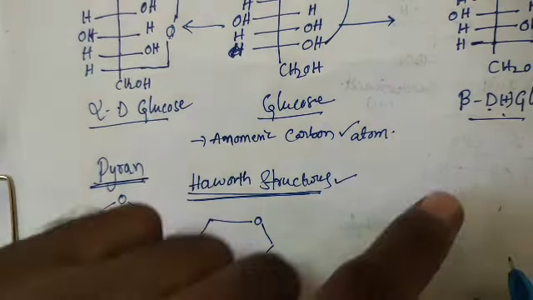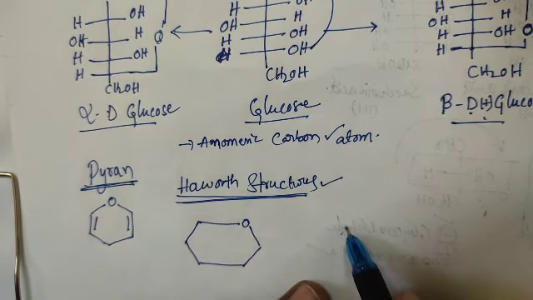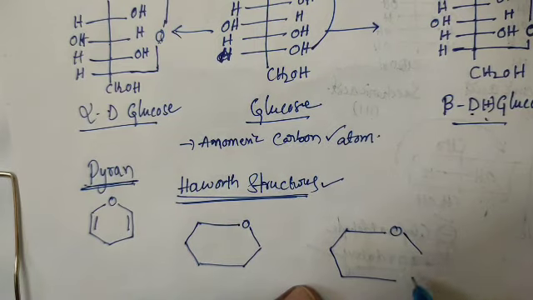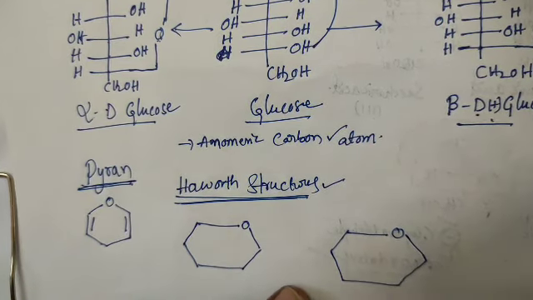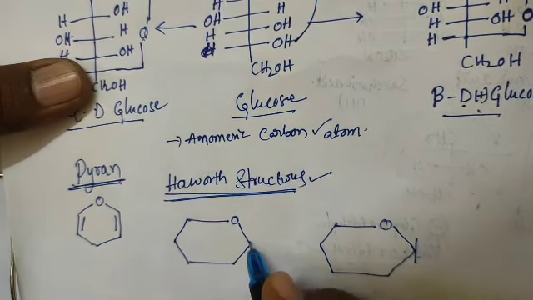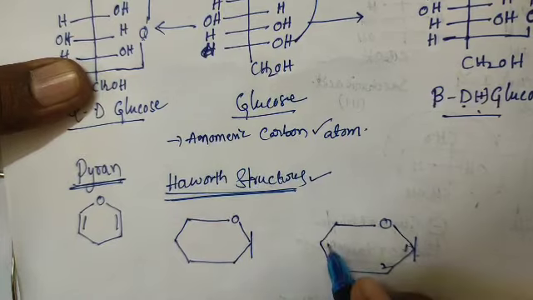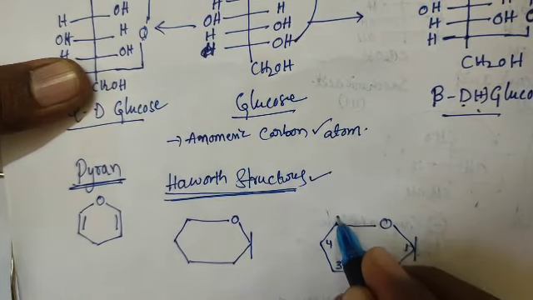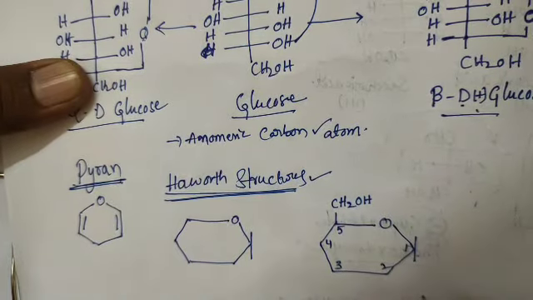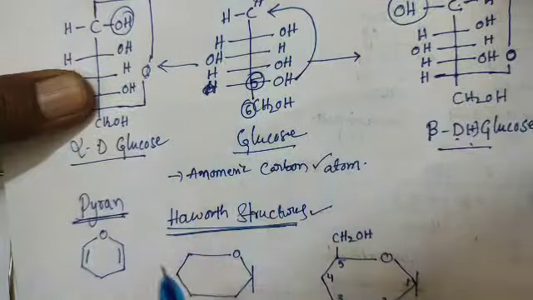Two Haworth structures I will write. The difference in the compound is only one carbon, the anomeric carbon, this carbon. We number this carbon 1, this is 2, 3, 4, 5. The sixth one here is CH2OH. This is the 5th carbon. This is the 6th carbon.